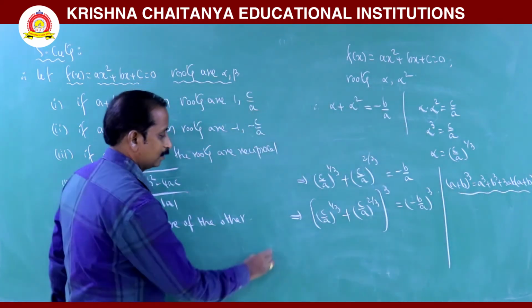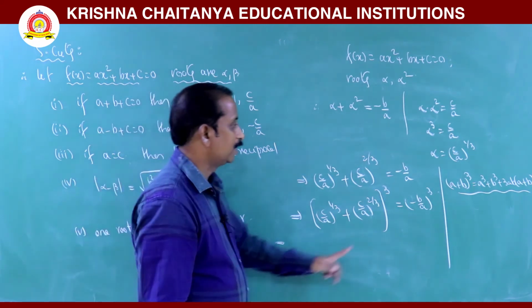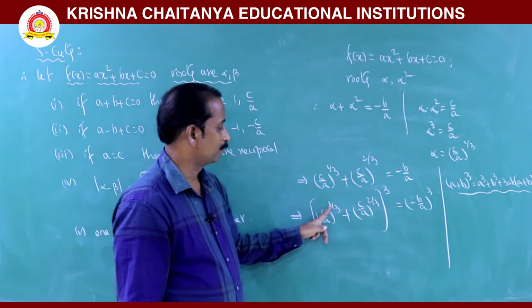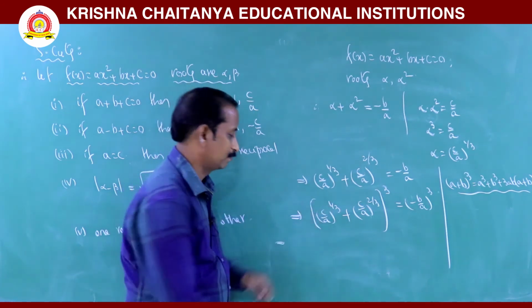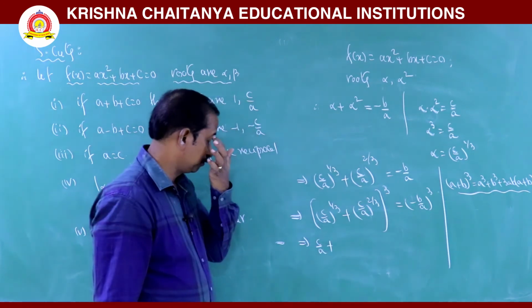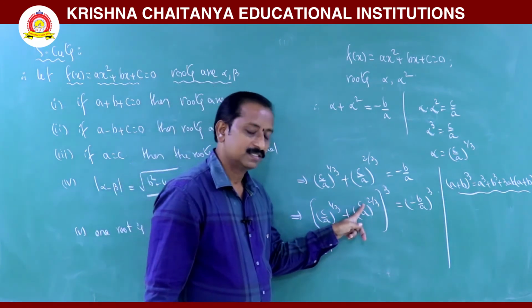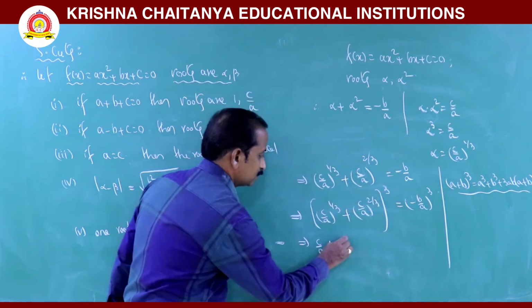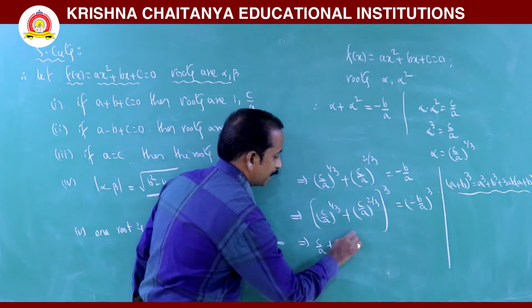Using that formula, we can write a cube. A cube means c by a whole power 1 by 3 whole cube, nothing but c by a. Plus b cube means c by a whole power 2 by 3 whole cube, nothing but c by a whole square.